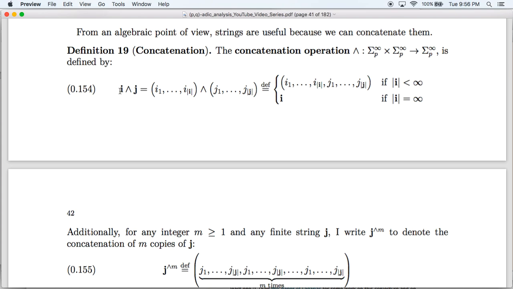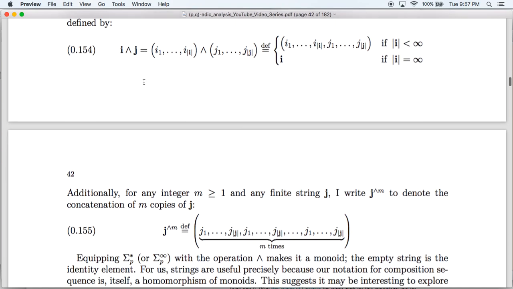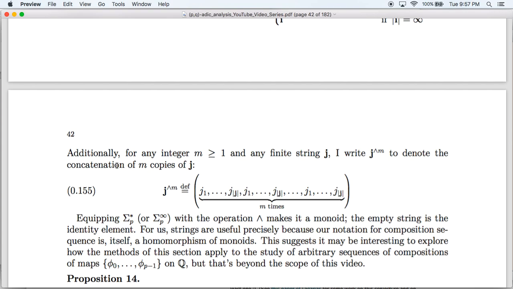In that respect, we can then use this operation to define a binary operation on the p-adics by saying that a wedge b is equal to the number represented by this wedge of their respective strings. It's a fun exercise to show that this operation is not continuous with respect to the topology of the p-adic integers.